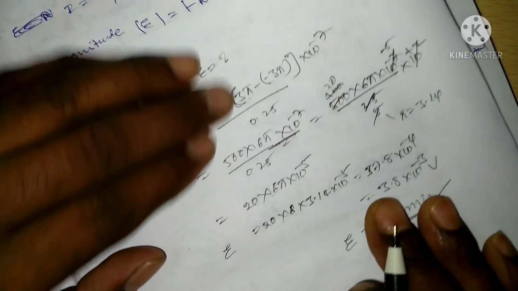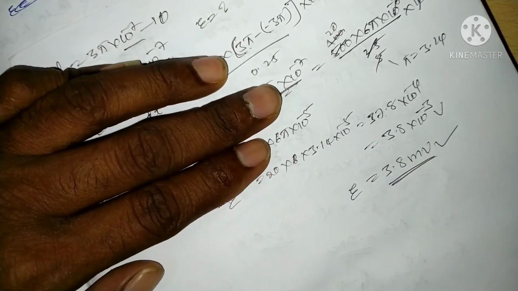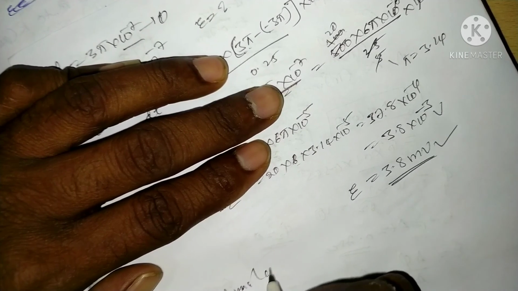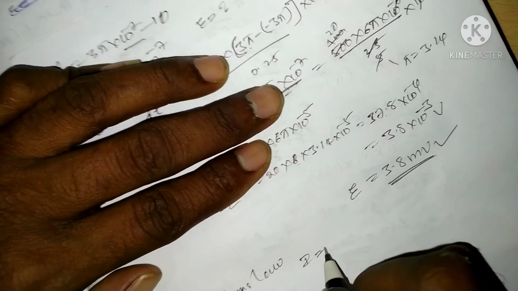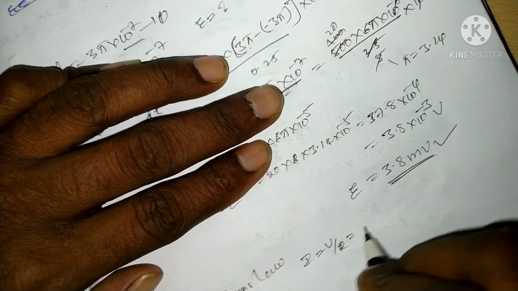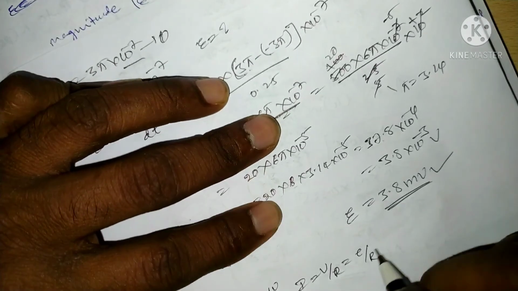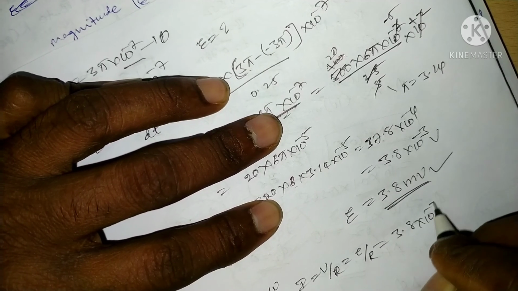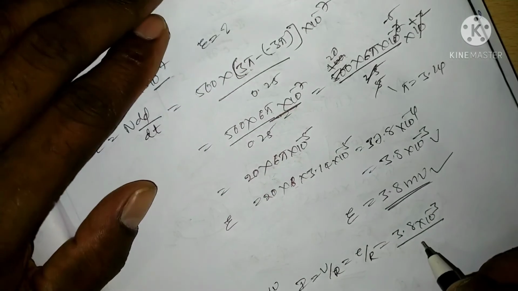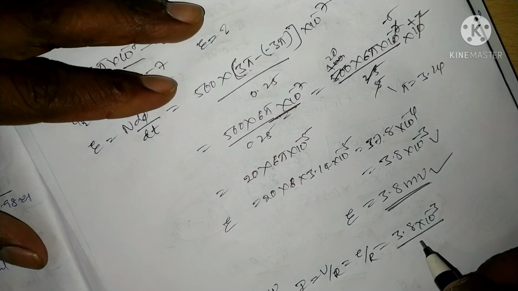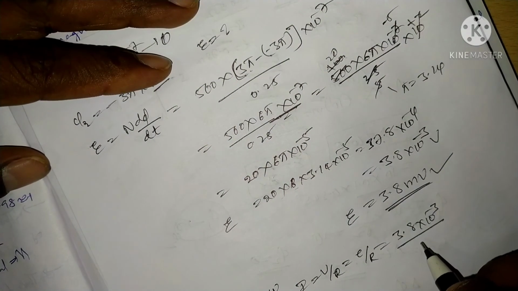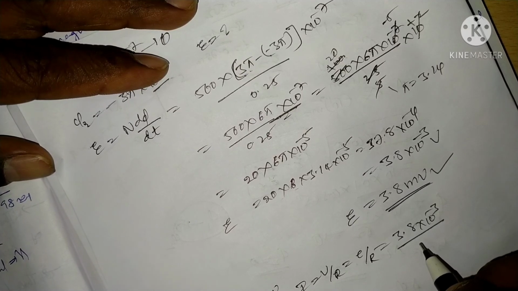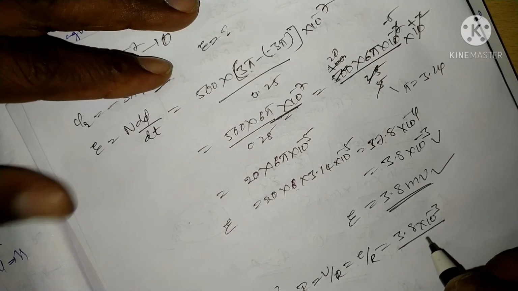Due to the ring. Next, according to Ohm's law, I is equal to V by R, that is E by R. E is equal to 3.8 × 10^-3, divided by R, which is 2 ohms.